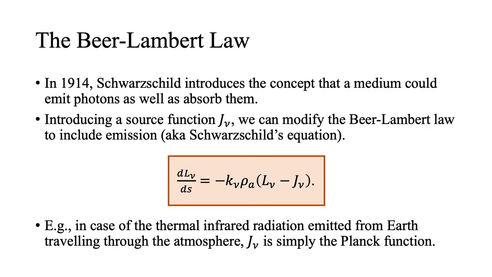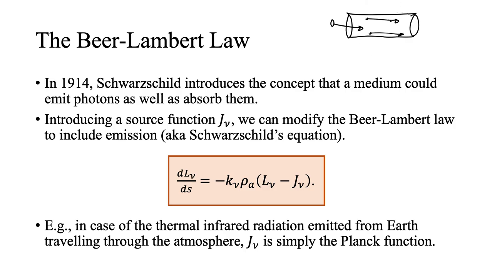Okay. Now, one important thing is that yes, there is absorption and scattering as the beam of photons travels through a particular medium, but it could also be that the medium itself may be generating photons for whatever reason. Maybe it's a radioactive medium.